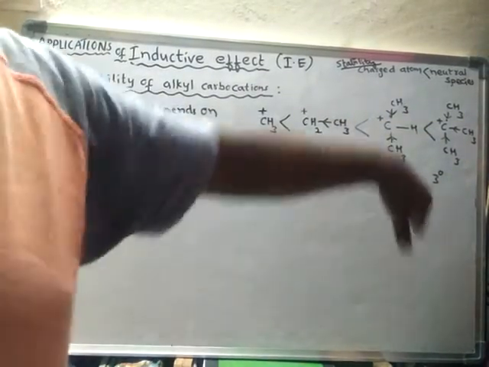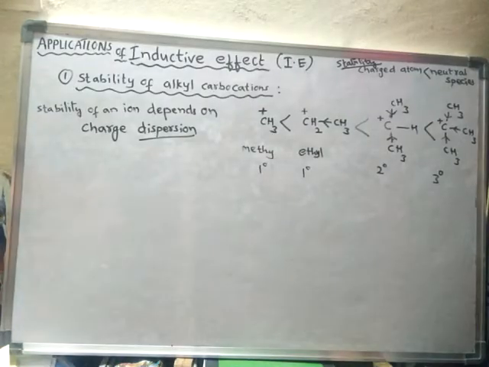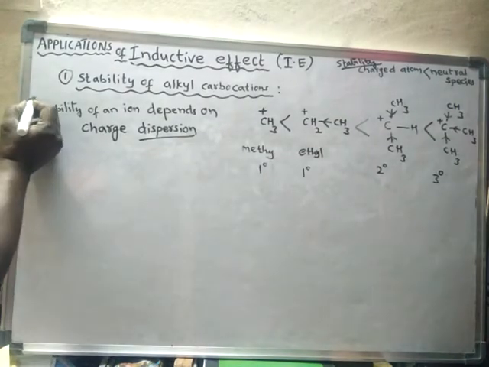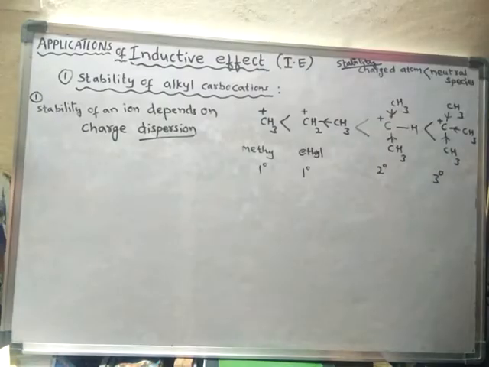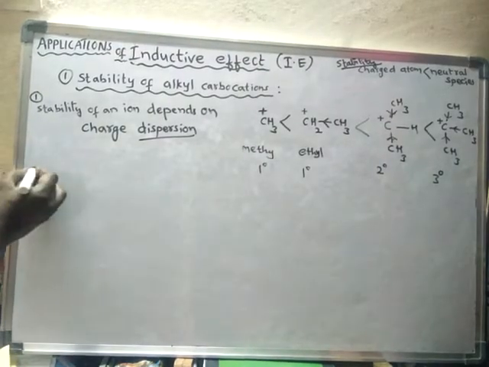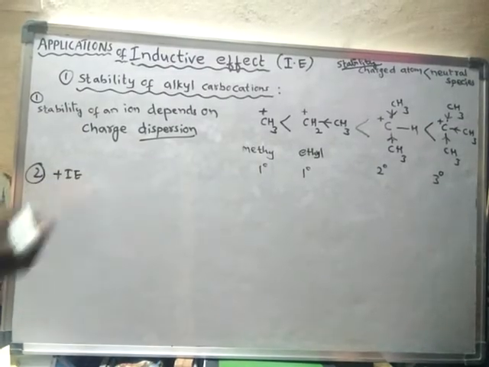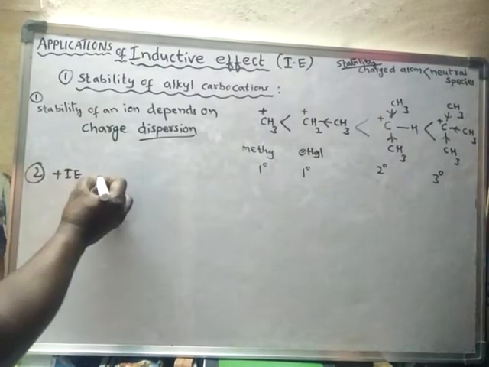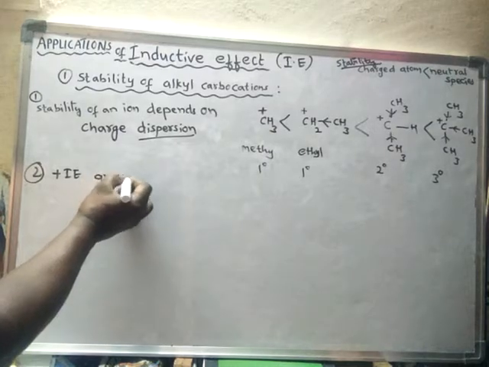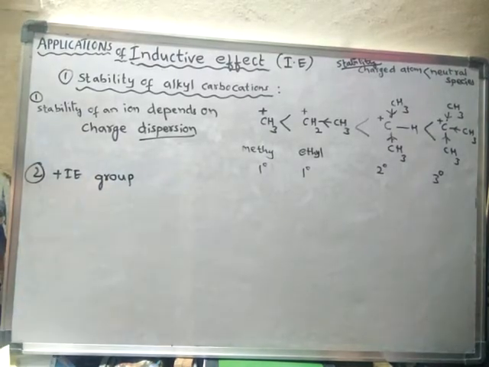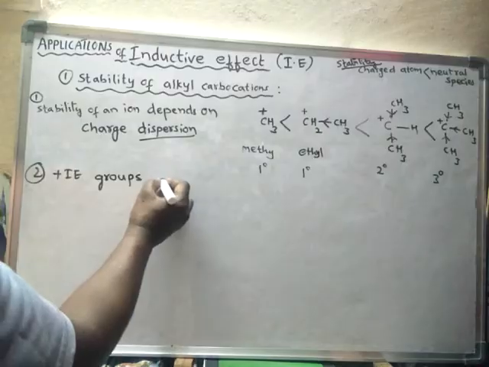Whenever the dispersion of charge increases, the stability of the ion increases. See, look here, plus I effect groups, positive inductive effect groups, generally increase the stability.